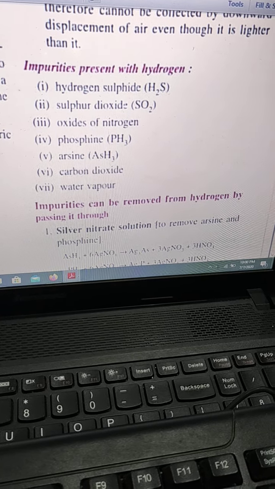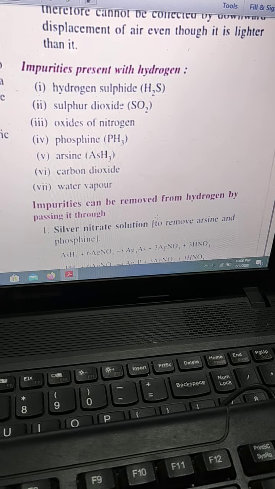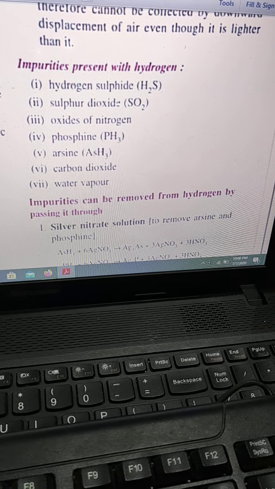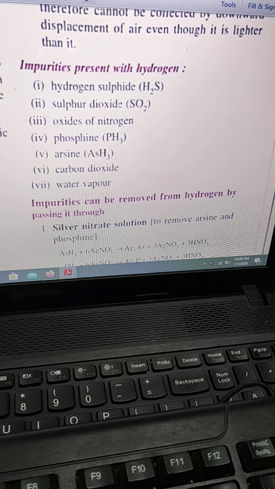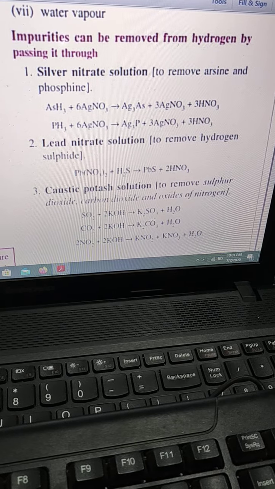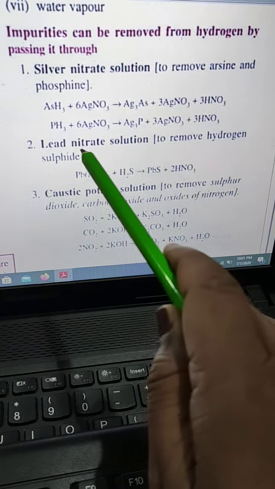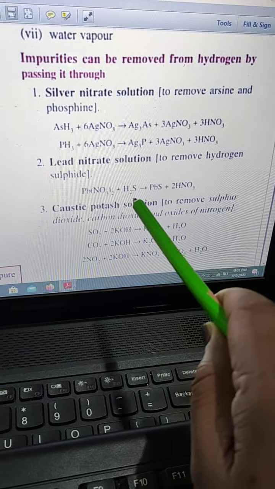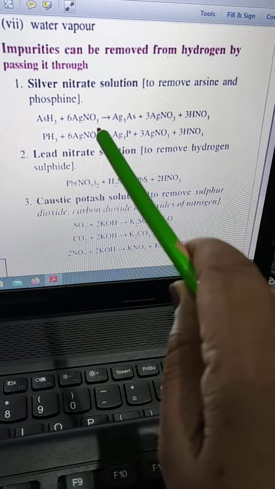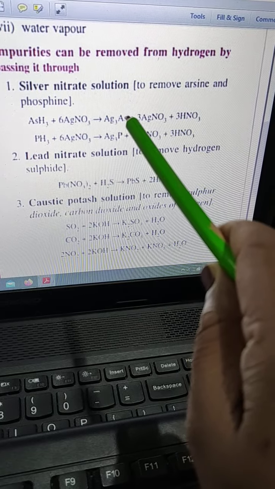Now the hydrogen gas that is produced contains impurities like hydrogen sulfide, sulfur dioxide, oxides of nitrogen, phosphine, arsine, carbon dioxide and water vapor. We need to remove these impurities in order to get pure hydrogen. To remove arsine and phosphine, the gas is treated with silver nitrate solution.